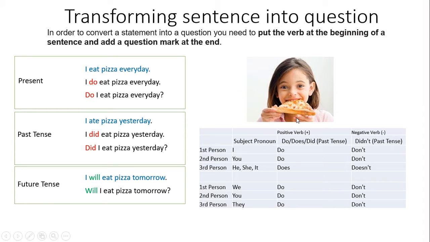So you can see that the picture is about a girl who is eating a pizza. So let's make a statement from this picture. The statements are divided into three forms, which are present, past tense, and future tense.